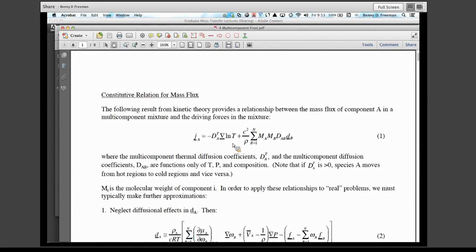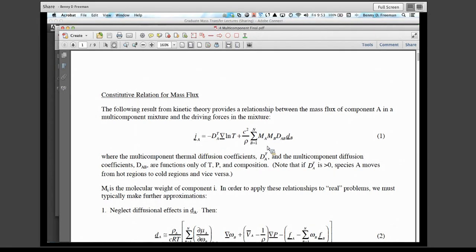We will see a bit later on that differences in temperature can lead to mass flows in a system, and this is the process of so-called thermal diffusion. And there are thermal diffusion coefficients that are associated with this process. Those are D_A superscript T. And so this particular model for the diffusive mass flux accounts for thermal diffusion.